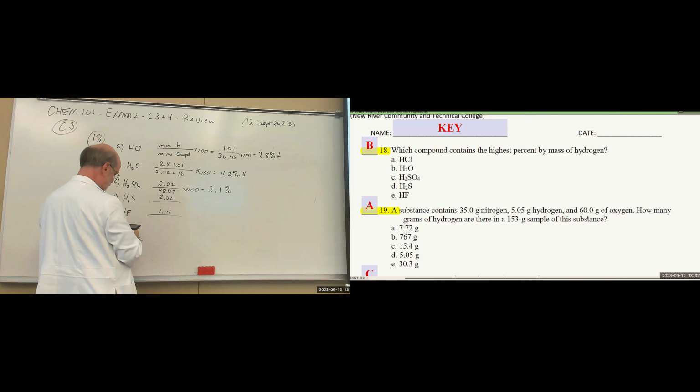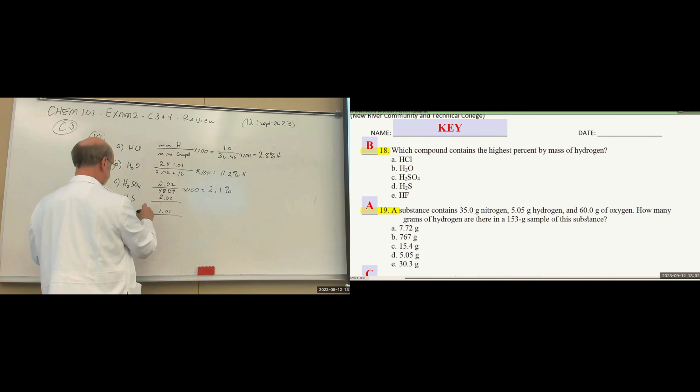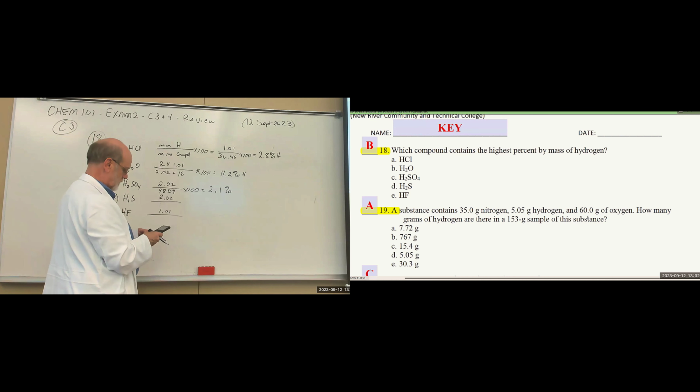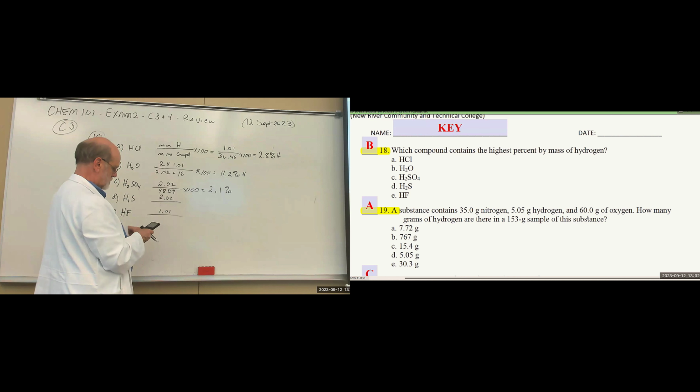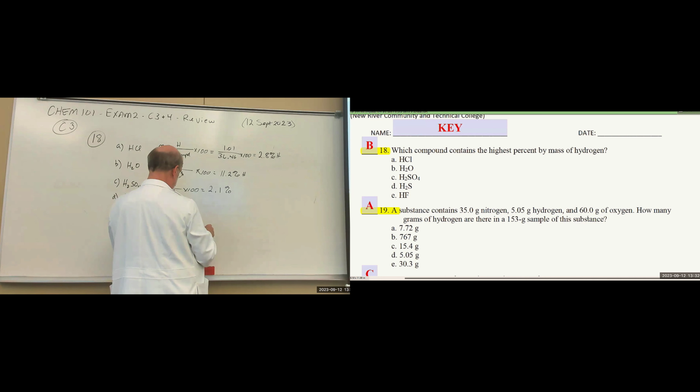2 of those, and 2.02 plus sulfur, 32.07. 2.07. That is 5.9.